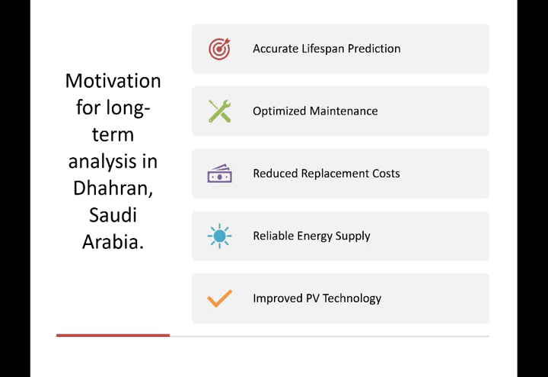What is the motivation? Obviously, as I told, accurate lifespan prediction, being the world's largest renewable energy company, because we just won the world record of 2024 for most bids in the field of renewable energy. So we must predict the accurate lifespan of such projects. Second, optimized maintenance.